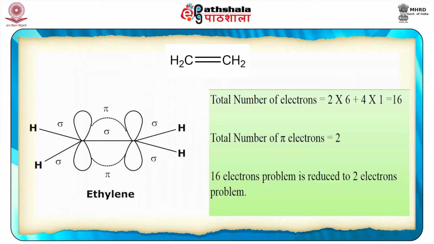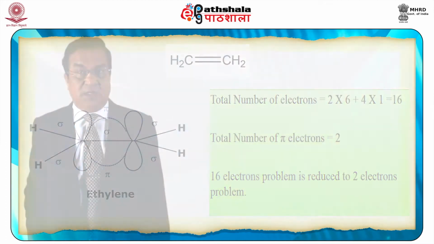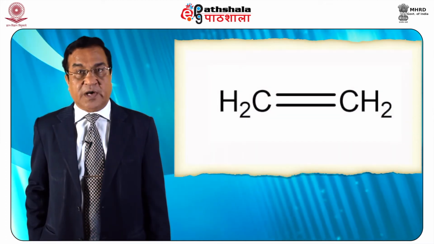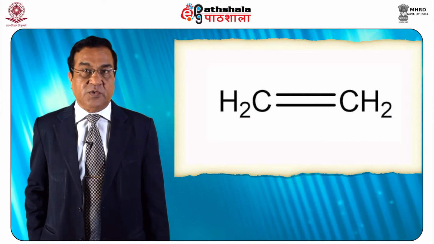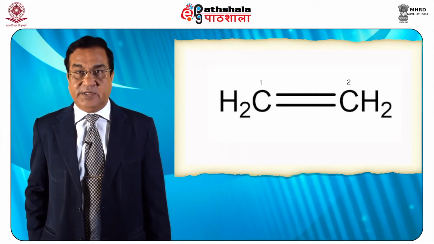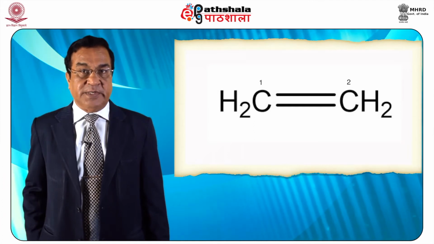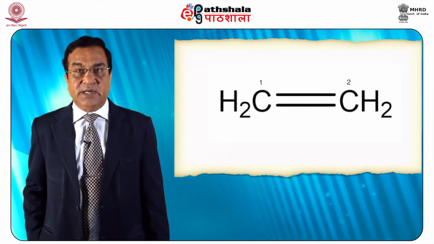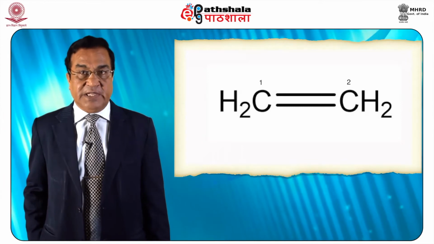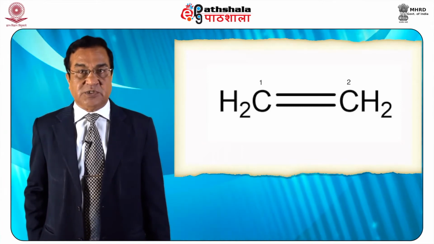But in HMO theory, this 16 electron problem reduces to a 2 pi electron problem. That's a very big advantage in HMO. If we label the 2 carbon atoms of the ethylene molecule as 1 and 2, then the corresponding secular determinant using HMO in the case of the ethylene molecule reduces to this form.